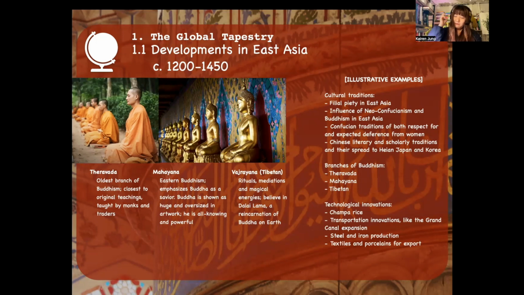And so you need to remember Neo-Confucianism and Buddhism in East Asia. There were Confucian traditions of both respect for and expected deference from women, right? And so misogyny in world history takes different forms at different places at different times. You need to sort of understand exactly what was expected of women.